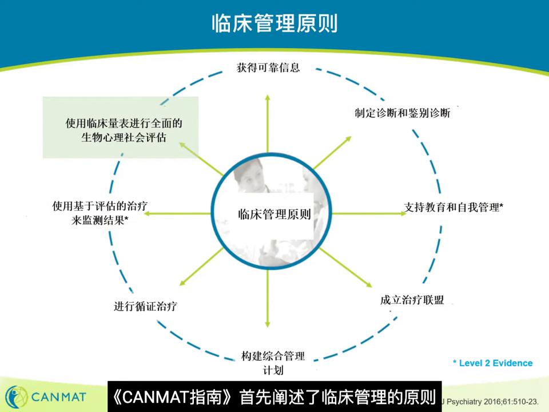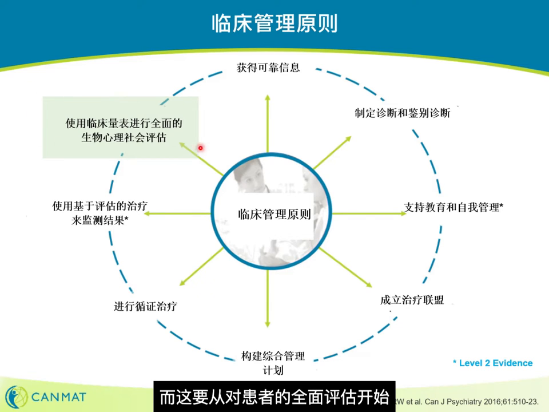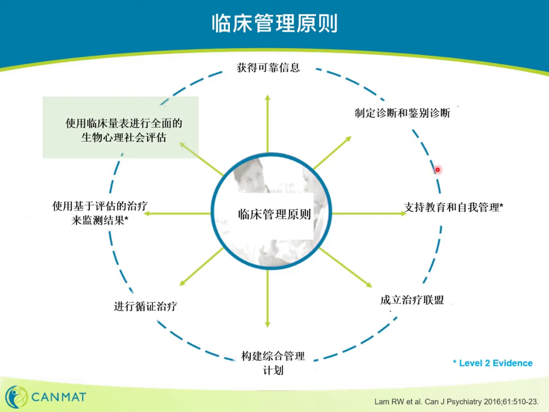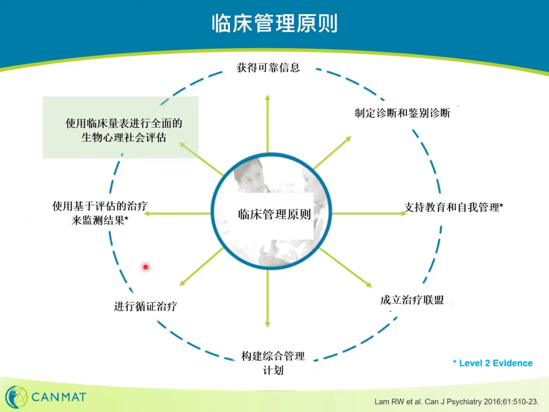The CANMAT guidelines start by describing principles for clinical management to optimize treatment for patients. And this starts with a comprehensive assessment of the patient that leads to a diagnosis and differential diagnosis, working with the patient to provide education and self-management, and then developing a plan to offer and deliver evidence-based treatments.